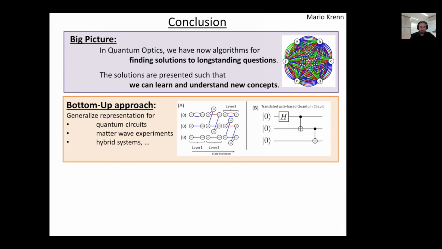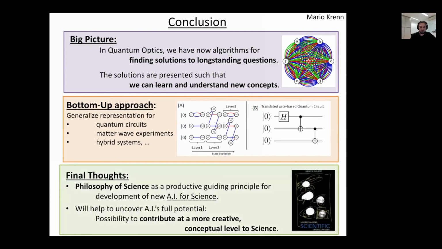And let me finish with a last thought. What I've found most interesting in this project is that philosophy of science seems to be a very productive guiding principle for the development of new AI algorithms in science. For example, questions like what is creativity, what is surprising, what is intuition, or in this case, what does understanding mean?